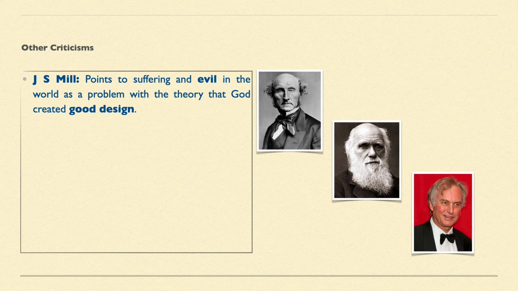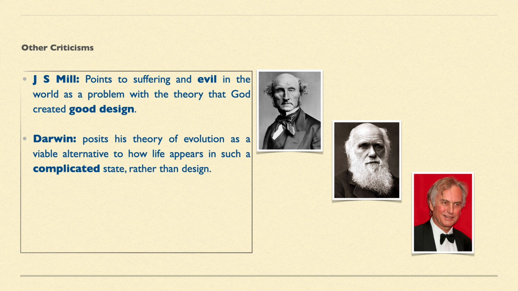Then there's Charles Darwin, the famous author of evolution theory, and he posits his theory of evolution, which can be used as a viable alternative to how life has appeared in such a complicated state. And this would be an alternative to arguing that there is a designer called God, an intelligent designer.